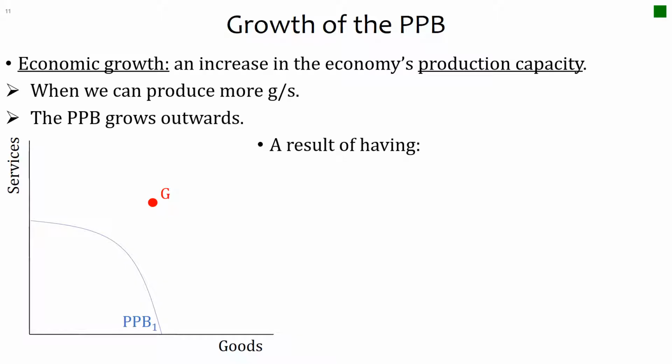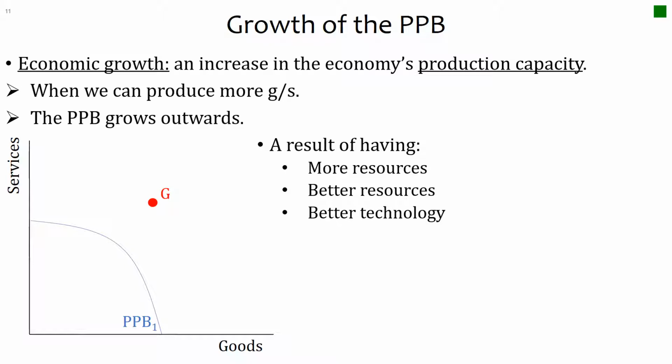That is a result of having more resources or better resources or better technology. So your new PPB is going to shift outward and you draw a new curve, and in this case it includes point G, so it's possible to achieve point G.